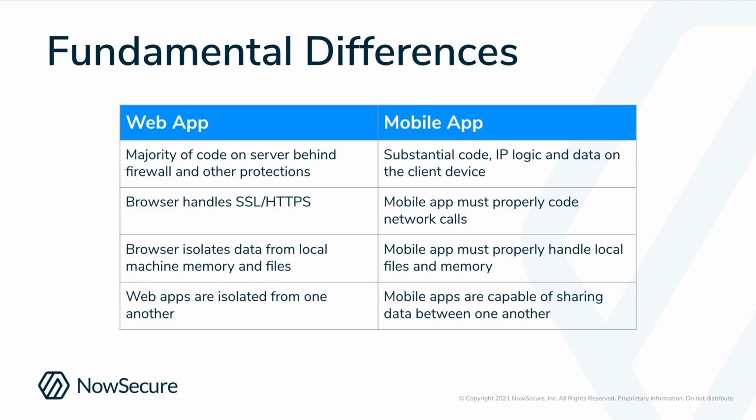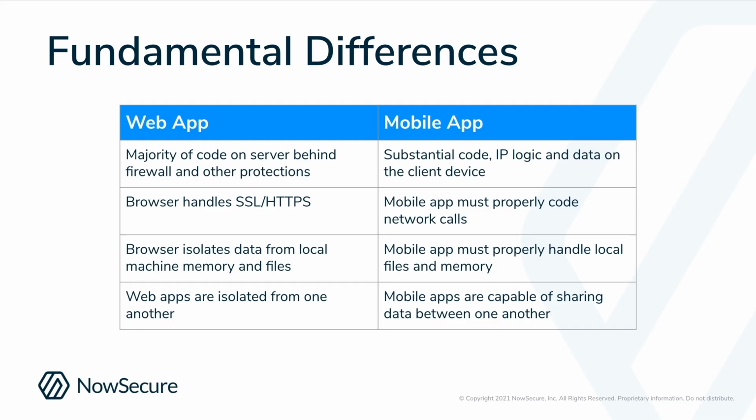The other thing is there's a huge layer of data security that goes into mobile because you're storing data on that device, you're caching files, you're using memory, you're using assets and resources on that device. And in browser security, it's pretty isolated. Not only that, but web applications are all isolated from one another. In mobile, applications can speak to one another.